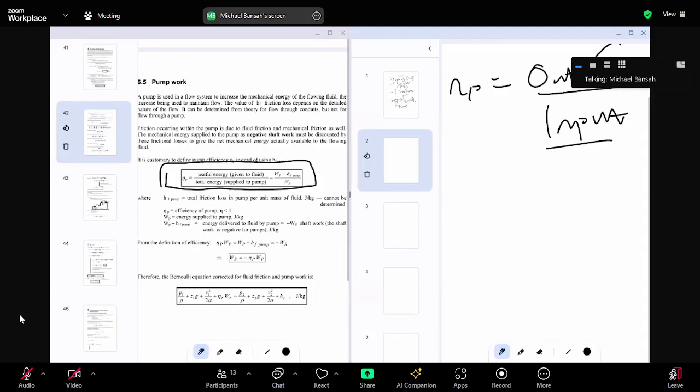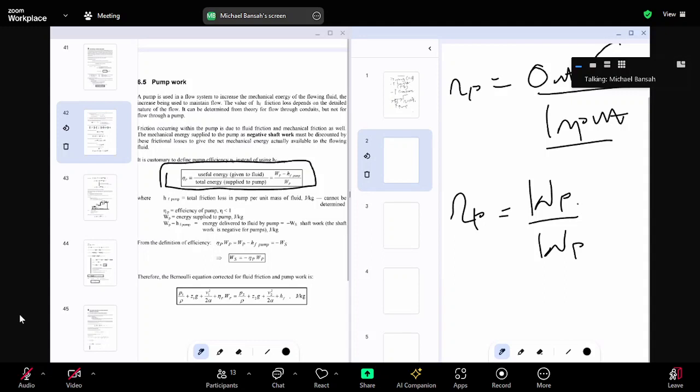Now, I mentioned that the reason why you don't expect 100% efficiency is because there will be friction losses. And this is represented as follows: this is the work of the pump, or the total energy supplied to the pump. It should have been the same for the numerator if it was 100% efficiency.